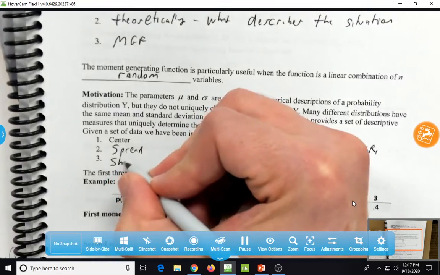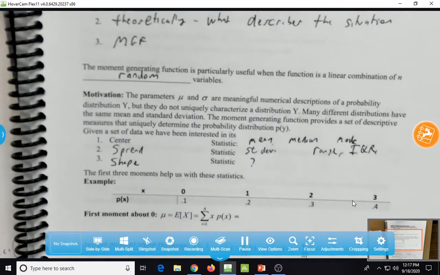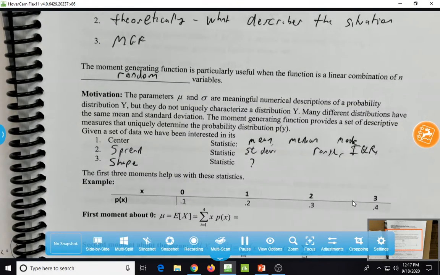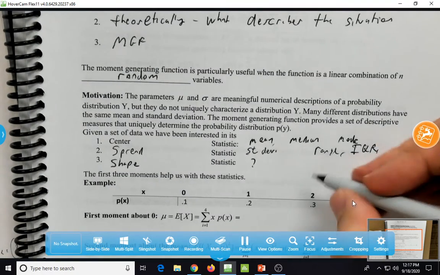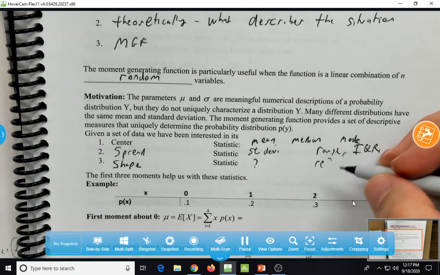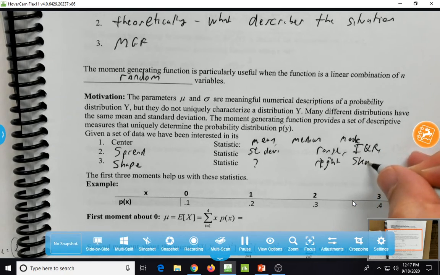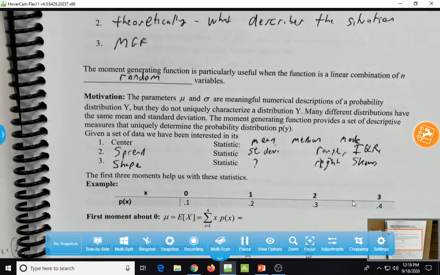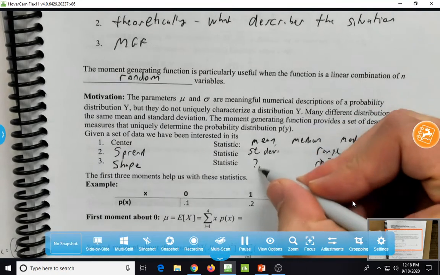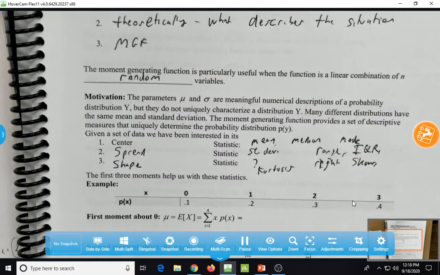And what about the shape? Is there a statistic for that? We kind of have a graphical statement, whether it's right skewed or left skewed. What did you say? Skewness. Yes. But is there any numerical measure that helps us out with that? There is. That's what we're going to talk about today. And that's our good friend Kurt. Kurtosis is what we have.